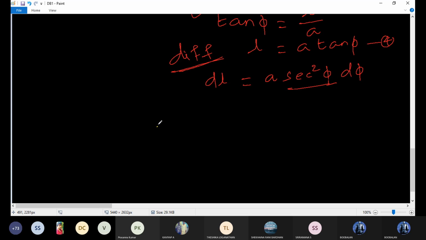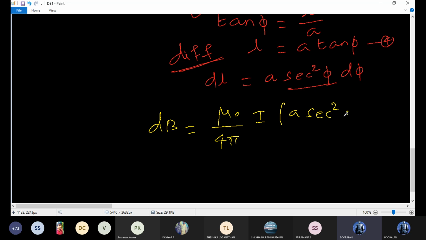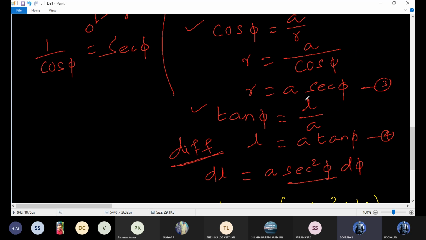dB equals mu naught divided by 4 pi, I dL, the dL value A secant square phi d phi, divided by R square. What is R? That is A secant phi.